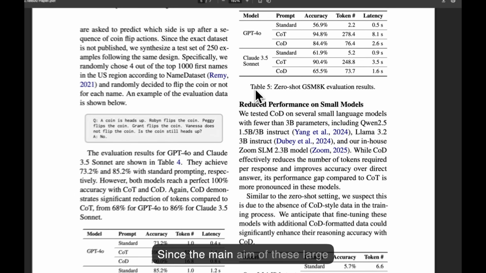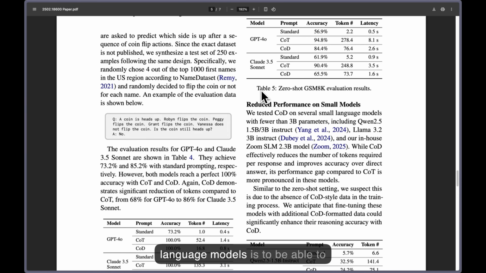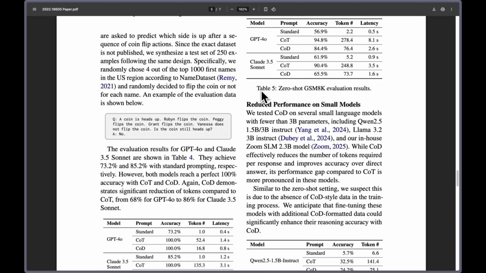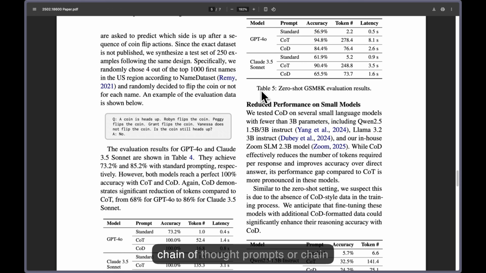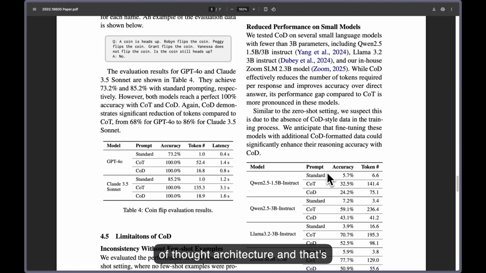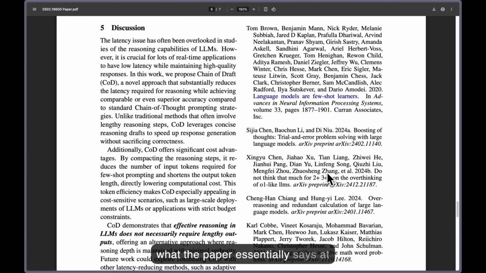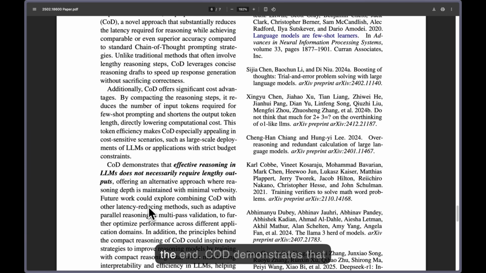Since the main aim of these large language models is to be able to run on device, we need a prompting algorithm which is able to do those reasoning tasks effectively. So if chain of draft models aren't able to create effective drafts, then it's better to go with chain of thought, and that's what the paper essentially says at the end.